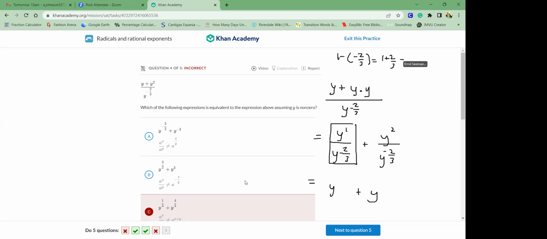Which is the same thing as what? 5 over 3. Yes, exactly. So this one will be 5 over 3. And then on this one, what's 2 minus minus 2/3? That's plus, right? So 2 and 2/3 is the same thing as what? 8 over 3. Yeah, exactly. There you go.